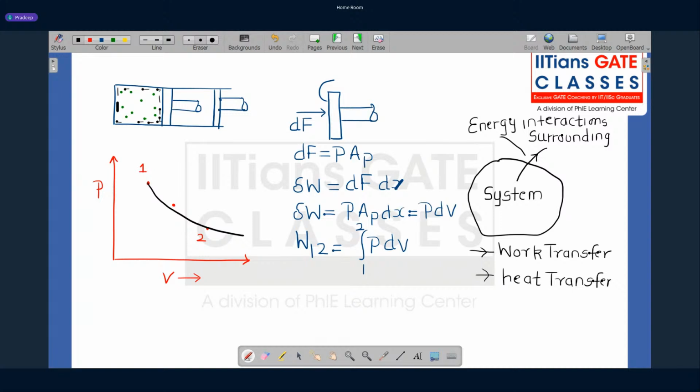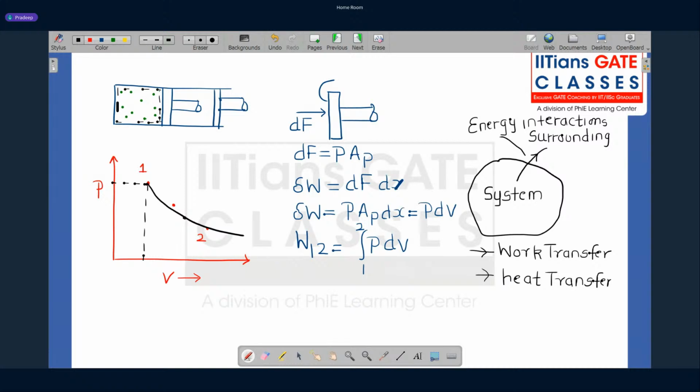When I say processes, as I told you, the gas behind the piston cylinder arrangement is our system, and this is the state. How do we fix the state? We know the state of the system when we can completely define its properties. So at this state, the state is defined because we completely know the pressure and volume of the gas.